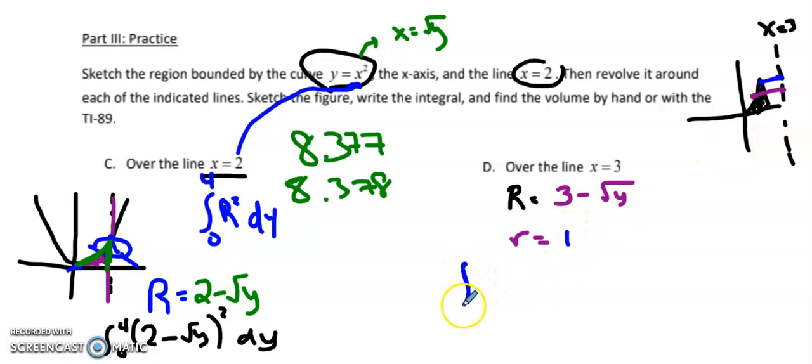I am doing a y valued function here, or integral, because I'm revolving around a vertical line. So my limits of integration are still 0 to 4. I now have 3 minus the square root of y, all squared, minus 1 squared. So that's big R squared minus little r squared dy.